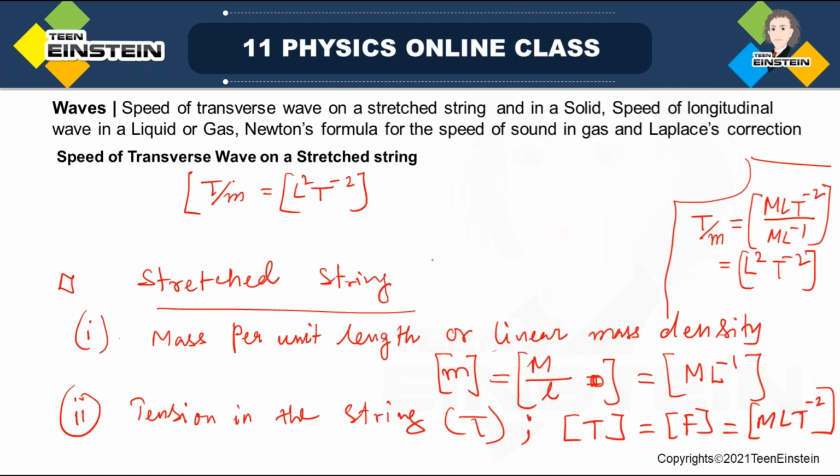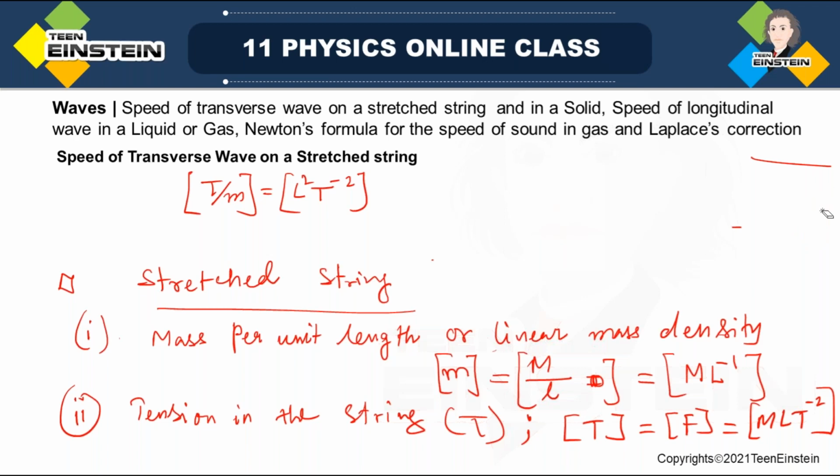Now, what is the dimension of speed or velocity? The dimension of velocity is given by L T to the power minus 1.